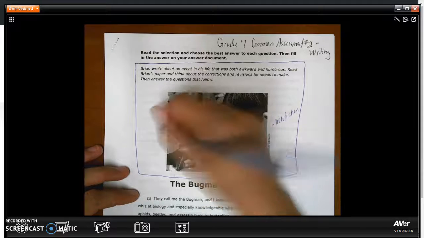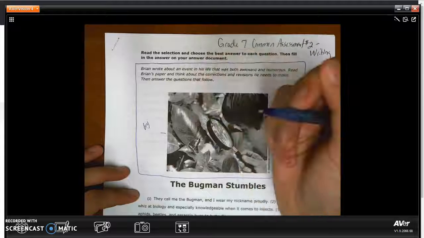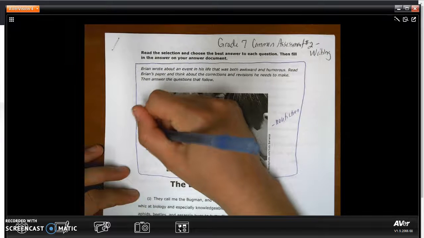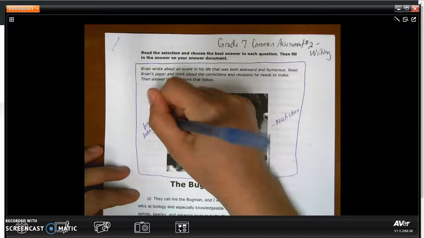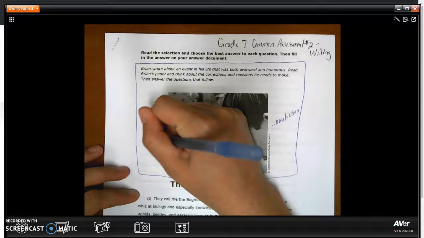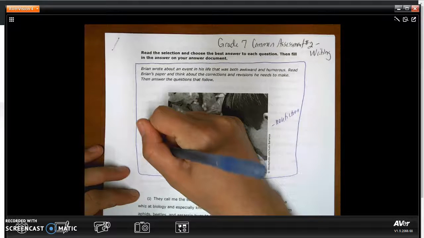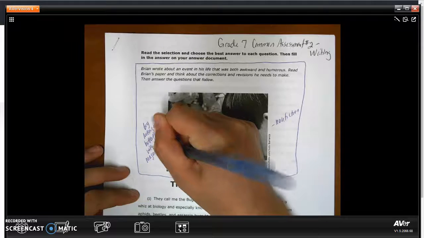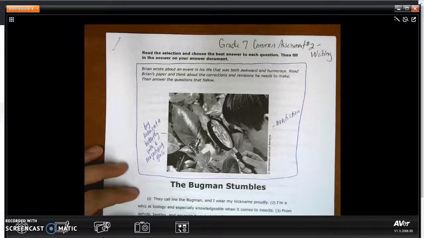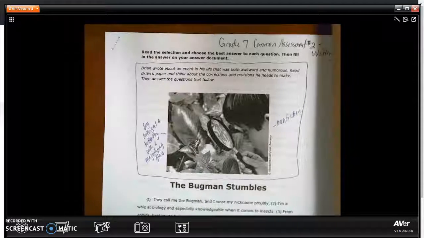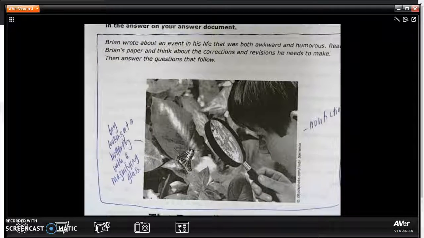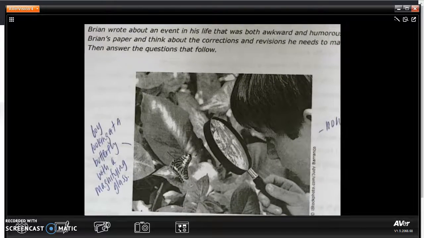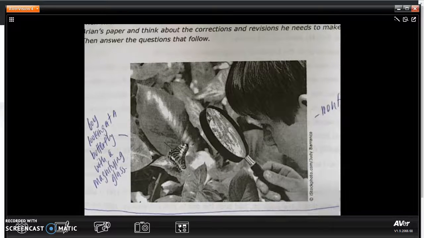I see a boy looking at a butterfly with a magnifying glass. So a boy looking at a butterfly with a magnifying glass. If you don't spell it absolutely perfectly, if you have a hard time saying the word magnifying, that's fine. I just need you to know what it is that you're looking at.